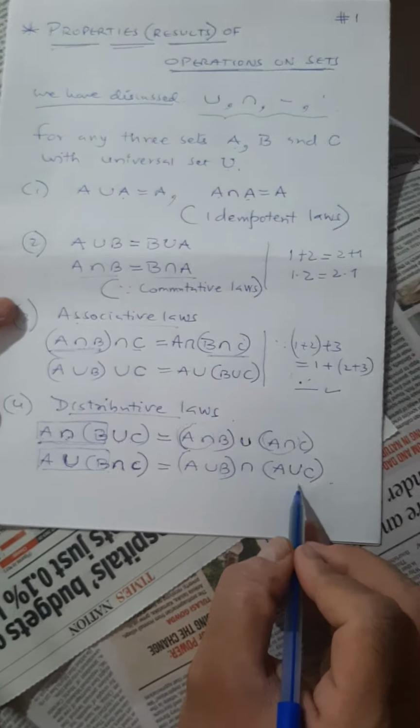The next one is, if A is a subset of B, that means A is a smaller set and B is a bigger set, like this.